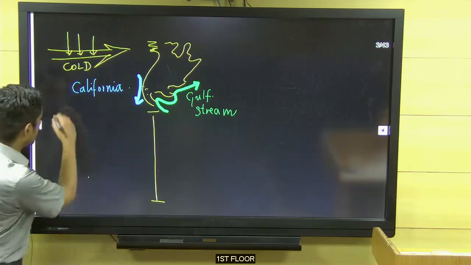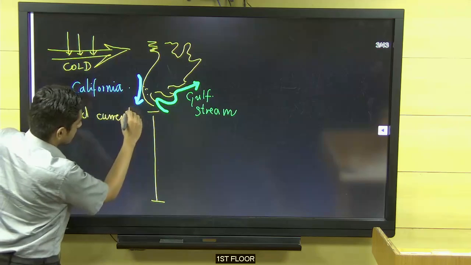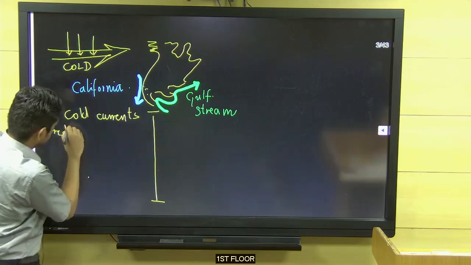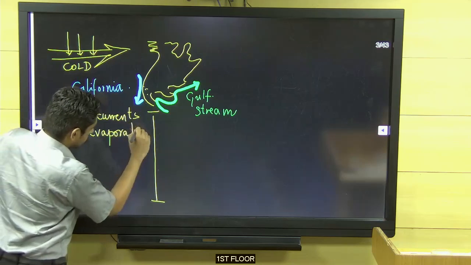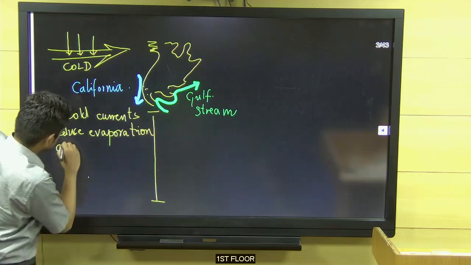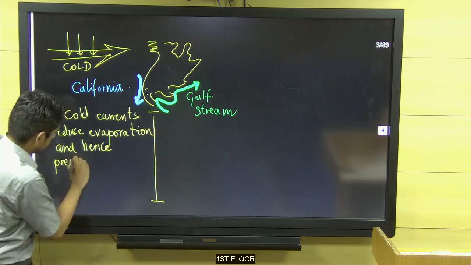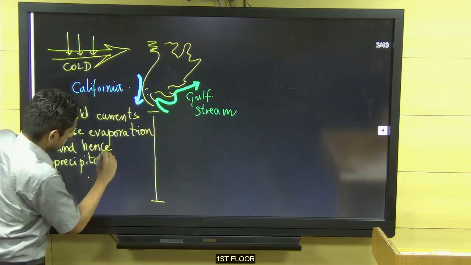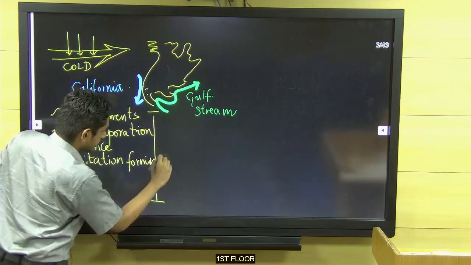Is it clear? So cold currents reduce evaporation and hence precipitation, forming subtropical deserts.